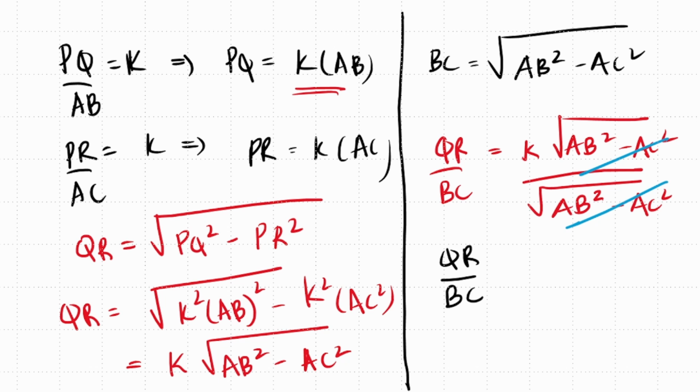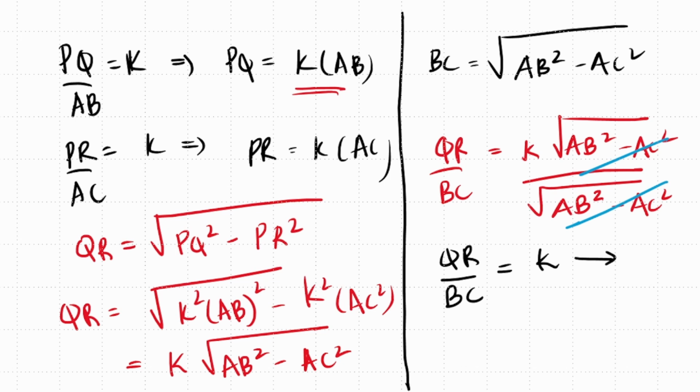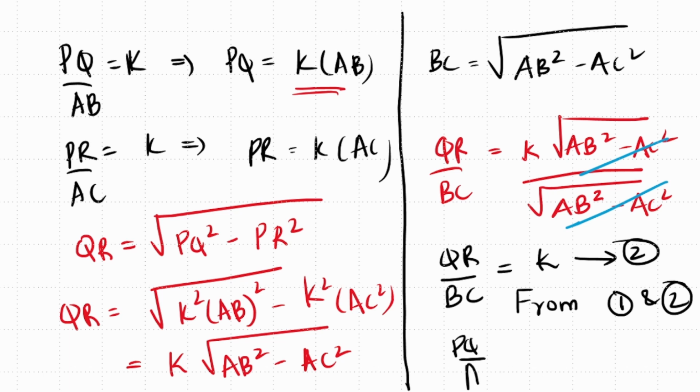QR by BC equals K. And if you name this as 1, and this part as 2, from 1 and 2, you will get PQ by AB equals PR by AC, which is equal to QR by BC.